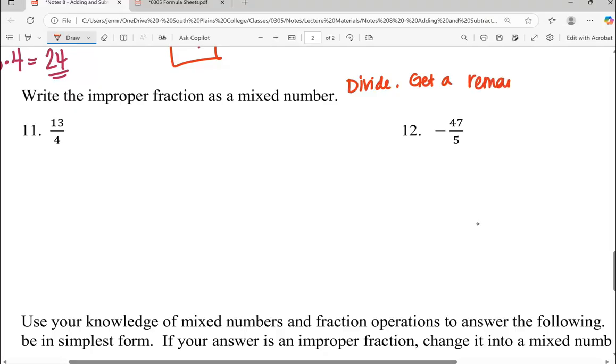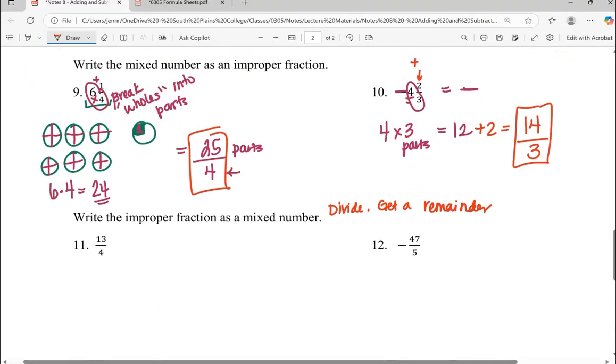Well, guess what? That remainder was basically telling us those extra or leftover parts. Like if I was to divide 25 by 4, I would end up with 6 as a whole number, and I would have a remainder of 1, telling me there was one part left over.